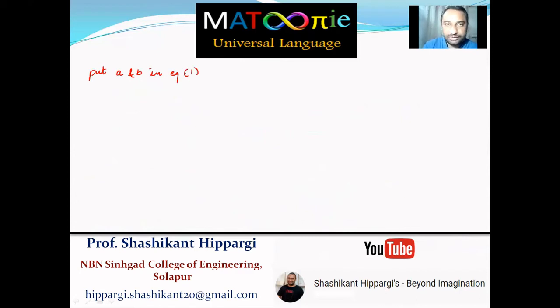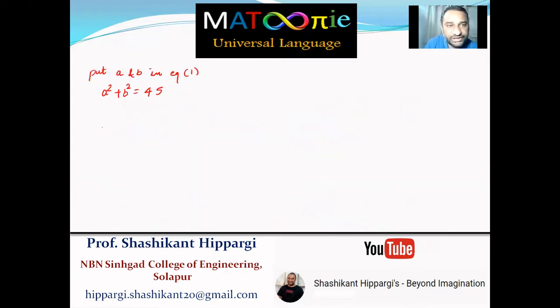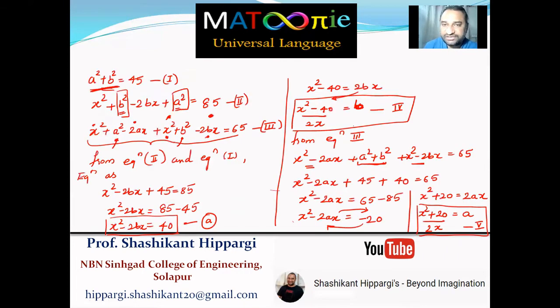Okay. Fine. Equation 1 is a square plus b square is equal to 45. So we'll put the value of a. What is the value of a? It is x square plus 20 divided by 2x. So here I can say x square plus 20 divided by 2x. This is a, the square of this, plus b square. What is the value of b?